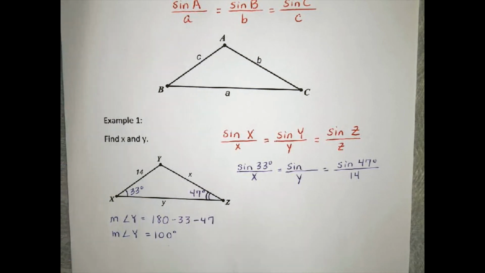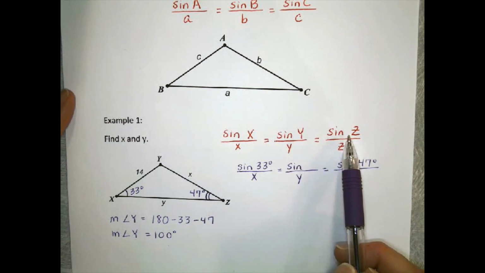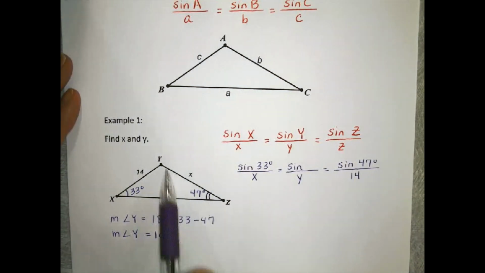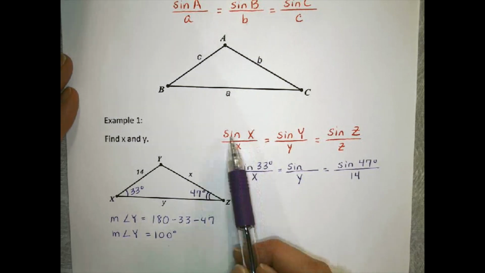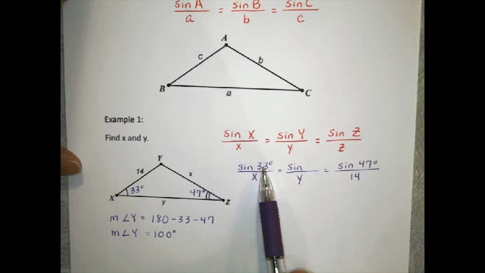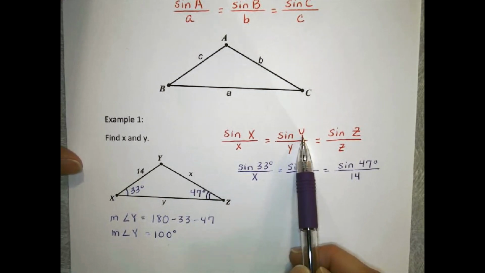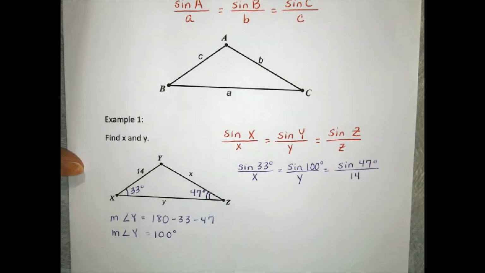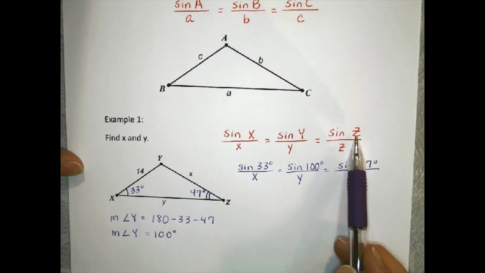In order to use my law of sines, I'm going to set up the entire equation, all three parts, using the angles that I know. Angle X is 33 degrees. I just calculated that angle Y is 100 degrees. And it was given to me that angle Z is 47 degrees.